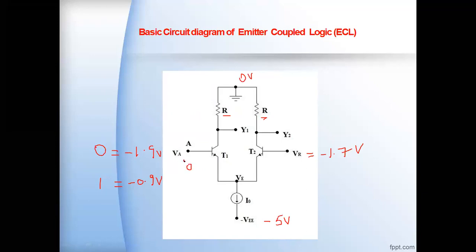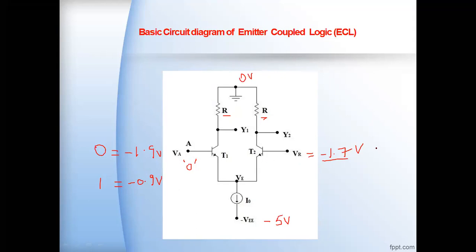Now the moment VA is at logic 0, what is the value of VA? It is minus 1.9 volt. And on the other hand, VR is minus 1.7 volt. Between VA and VR, which is the higher value and which is the smaller?